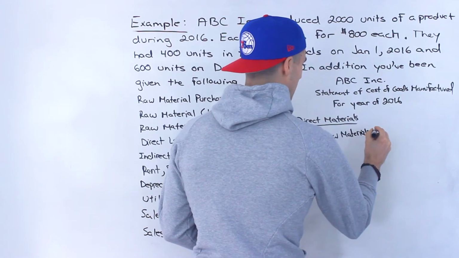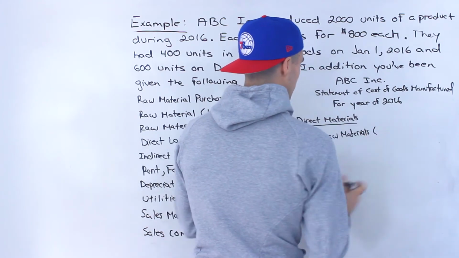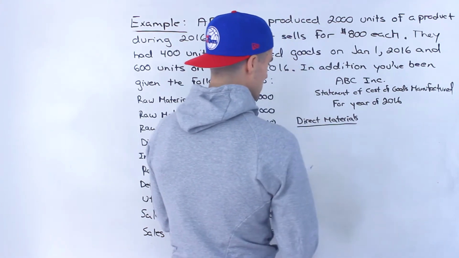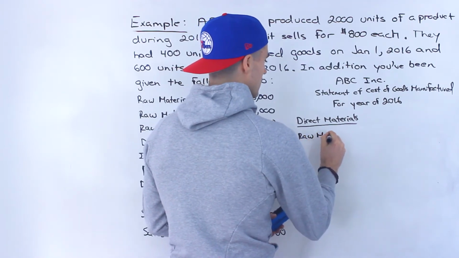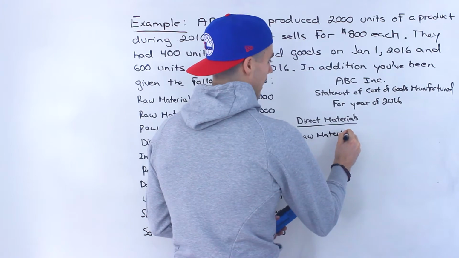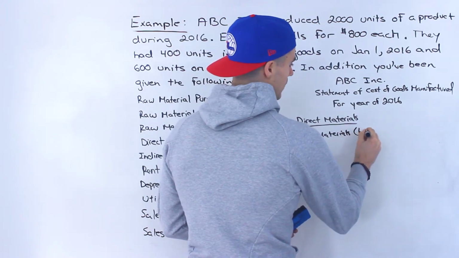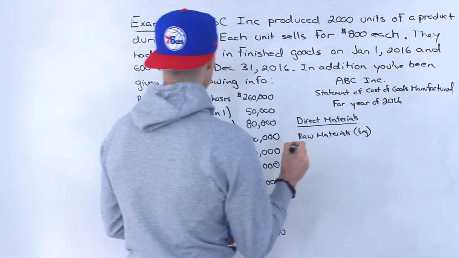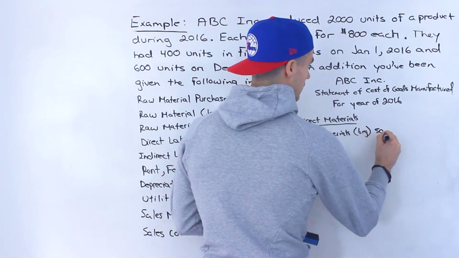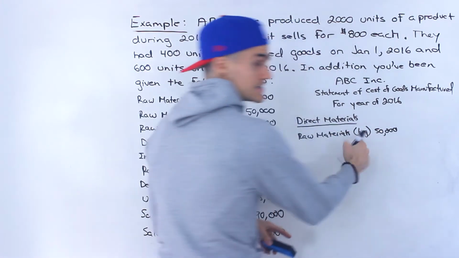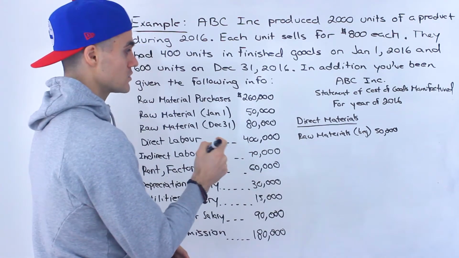Over here, I'm going to put, you know what? Give myself some more room. I'm going to put it here, raw materials, and a BEG representing beginning. So we have the raw materials at the beginning of the period, which is 50,000. You could also put the date here if you want, January 1st.